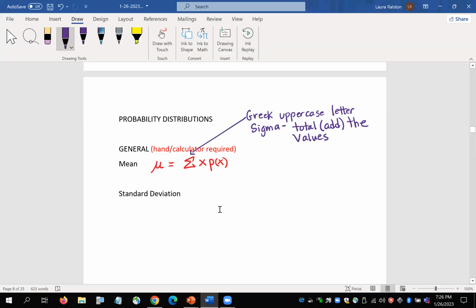So again, when you write your formula down, you may want to make yourself some notes. So the standard deviation is the square root of the sum of each x minus the mean squared times the probability.